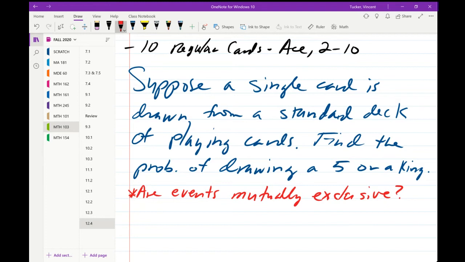All right, so when you look to do this problem, you do want to ask yourself first, are the events mutually exclusive? Or in other words, do they have anything in common?